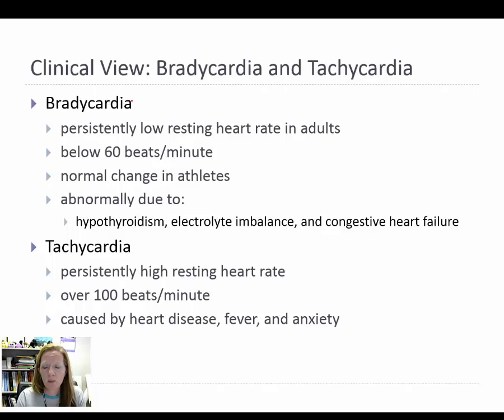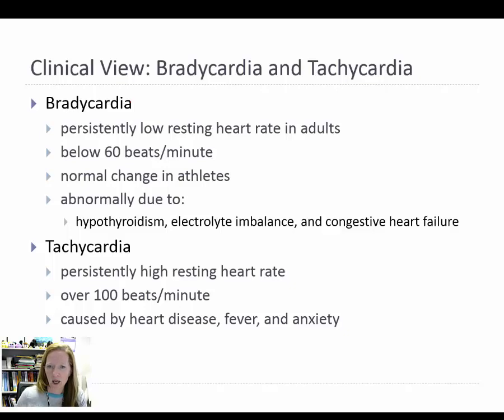Think about how thyroid hormones stimulate nodal cells to increase heart rate. Think about what happens when you don't have enough thyroid hormone. It will decrease heart rate. Electrolyte imbalances, especially ones involving calcium, potassium and sodium levels, and congestive heart failure can cause bradycardia as well.